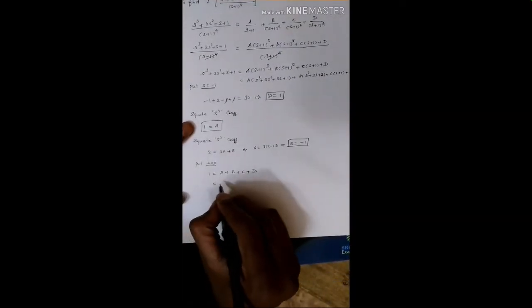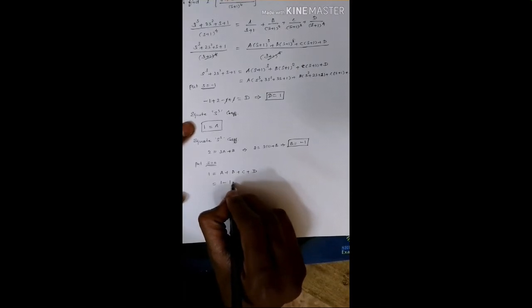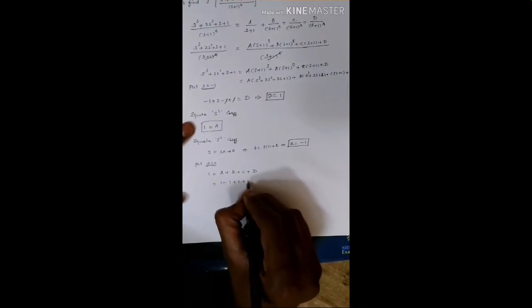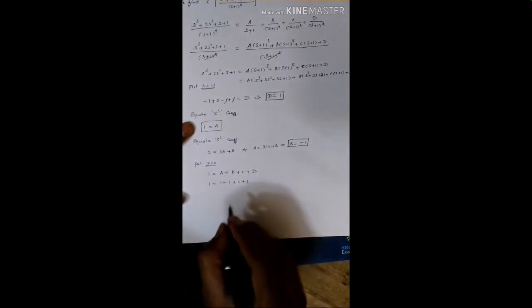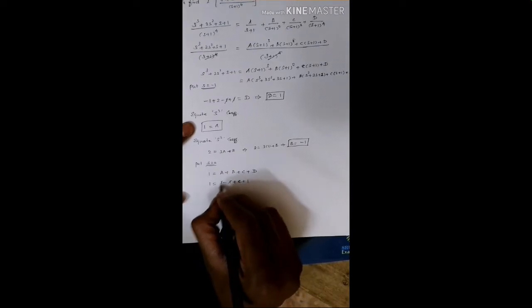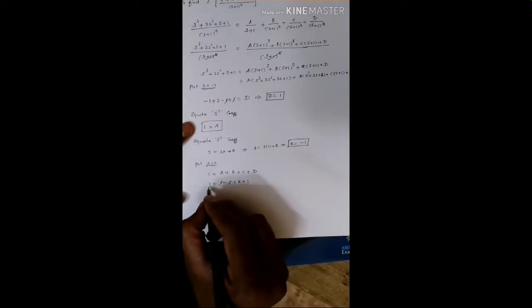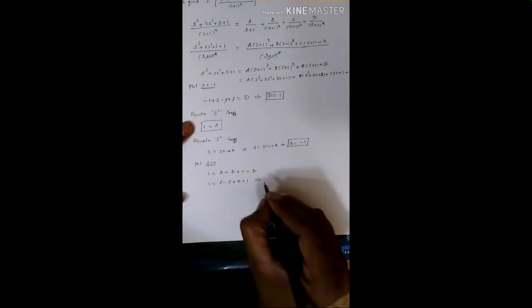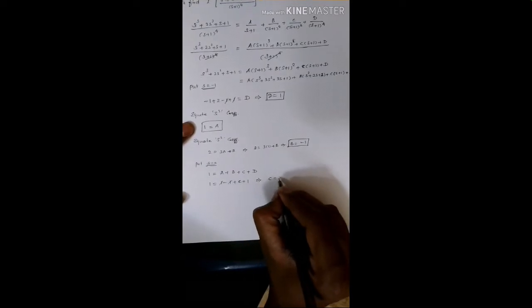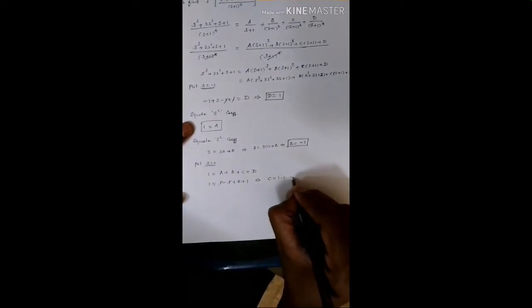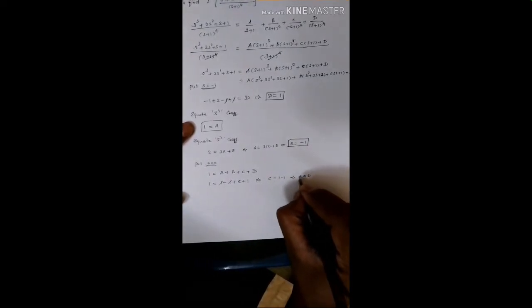Now we know a is 1, b is minus 1, c is unknown, d is 1. Left hand side is 1. Minus 1 plus 1 get cancelled. Taking 1 to this side, c equals 1 minus 1. This implies c equals 0.